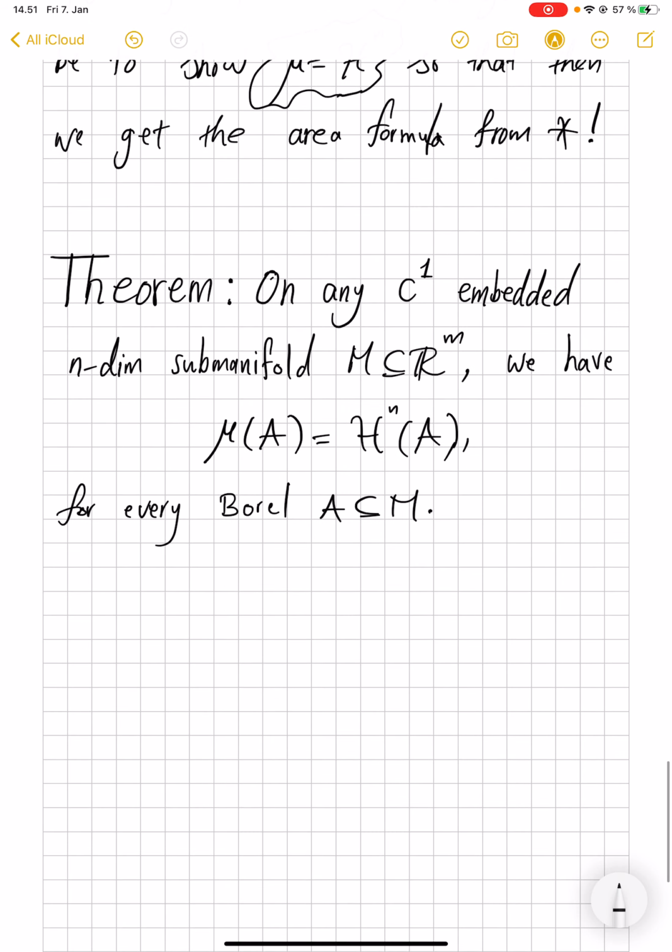So how do we prove this? The idea is, well, the hand-waving argument that people give always is that, okay, here's your manifold M, and here's the tangent space to it. So if you take a tiny set in M, you can approximate it by its corresponding projection on the tangent space.